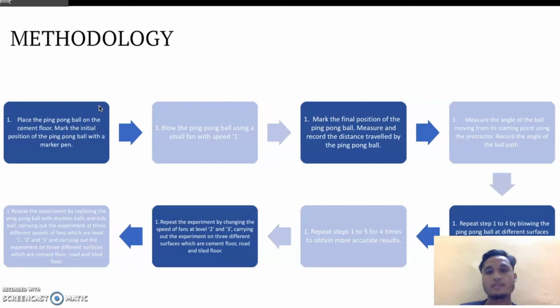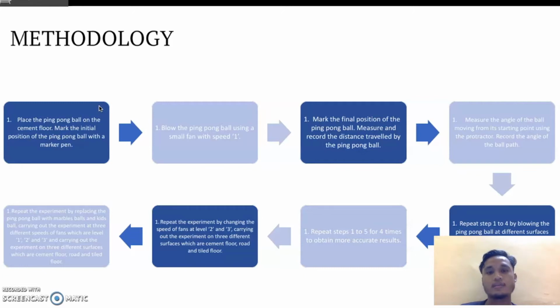Then we repeat step 1 to step 4 by blowing the ping pong ball on different surfaces, on the road and on the tile floor. Then we repeat step 1 to step 5 four times to get more accurate results. Then we repeat the experiment by changing the speed of the fan to number 2 and number 3.